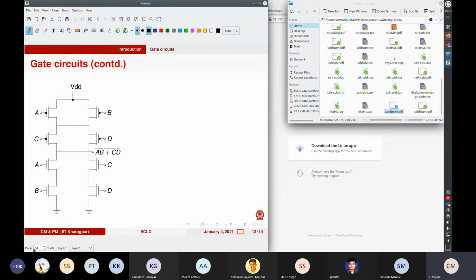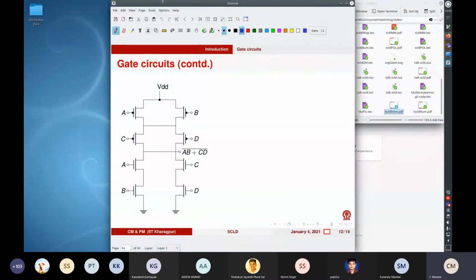Yeah. So let us look at the operation of another gate. First of all, what is the first thing that we would like to check? What we said last time is that your circuit can basically be split around the output.